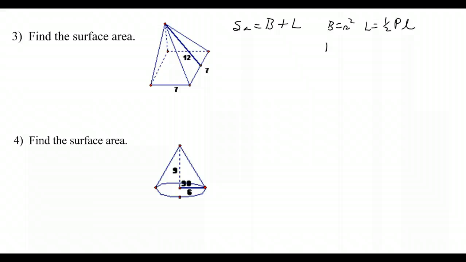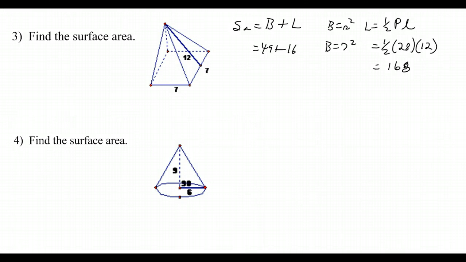So in this case, my base is 7 squared, so that's 49, plus I've got 1/2 the perimeter. 7 plus 7 is 14, and I have 2 of those, will be 28. And then the lateral height is given to us in this case, that's 12. And so my lateral area comes out to be 168. And so my total surface area is 217 units squared.